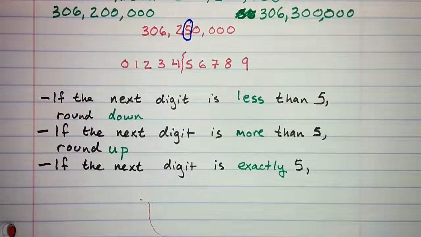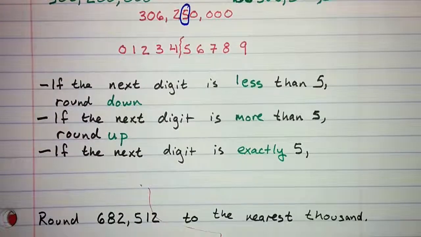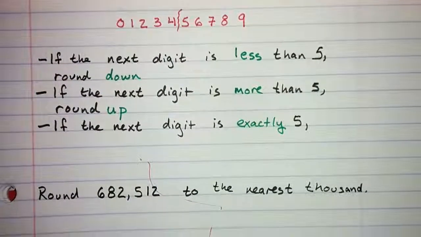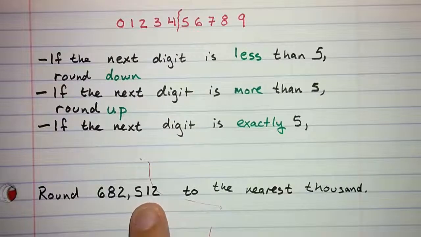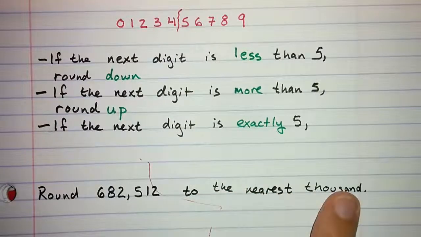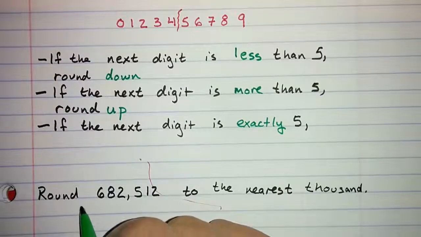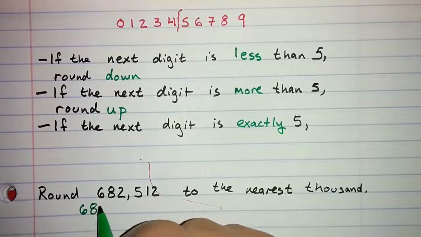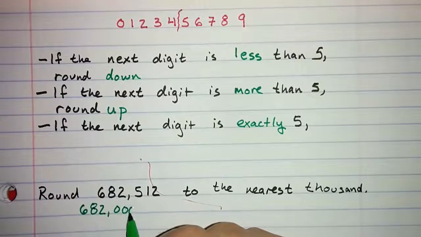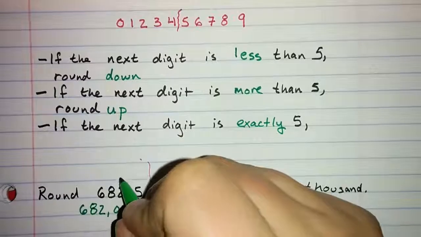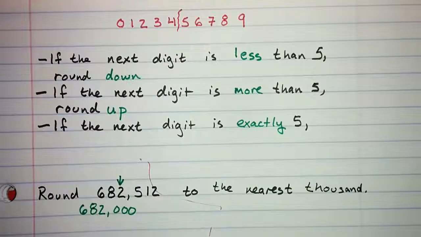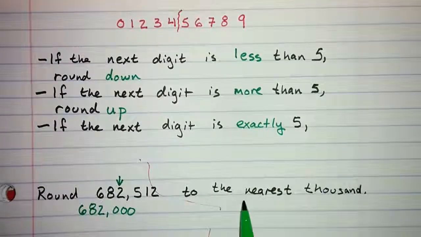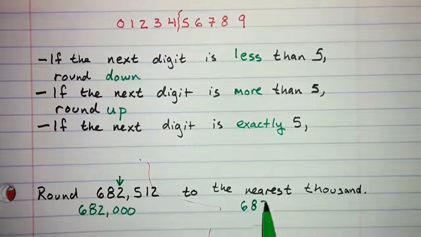Let's take a look at another example. Let's suppose we wanted to round 682,512 to the nearest thousand. What thousands is this between? Well, this is a little bit more than 682,000, locating again the thousands place, and a little bit less than 683,000.